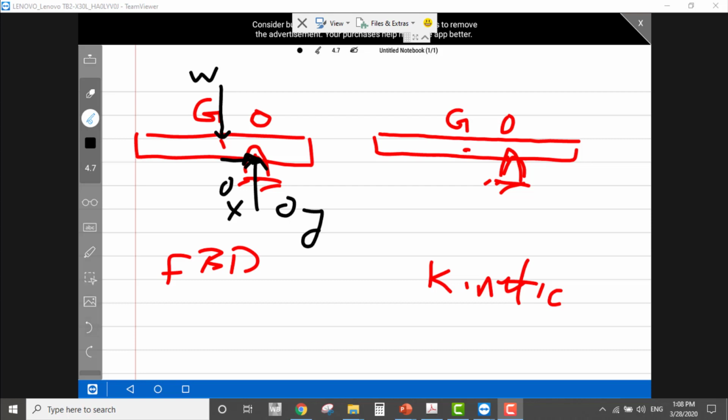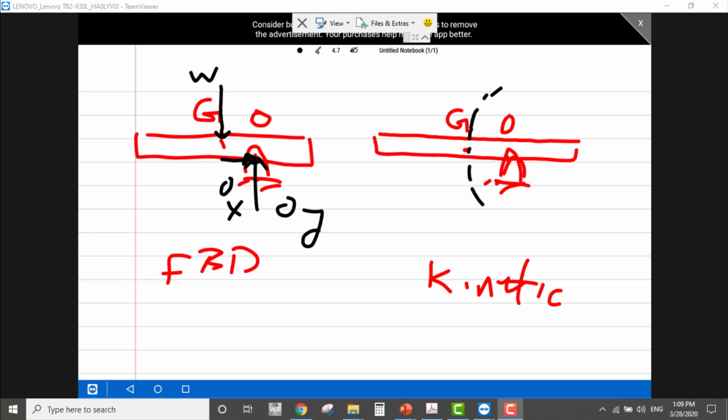Okay, so that's all. Now regarding kinetic, point G is far away from the fixing point, so point G will rotate in this circular path. Then what do we have on point G?